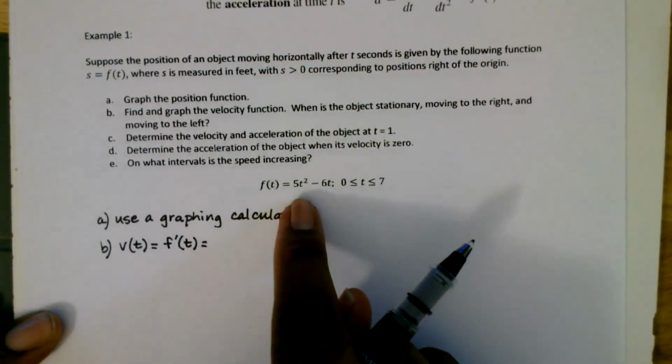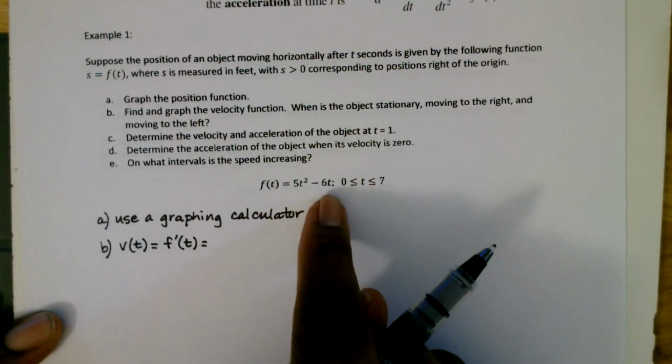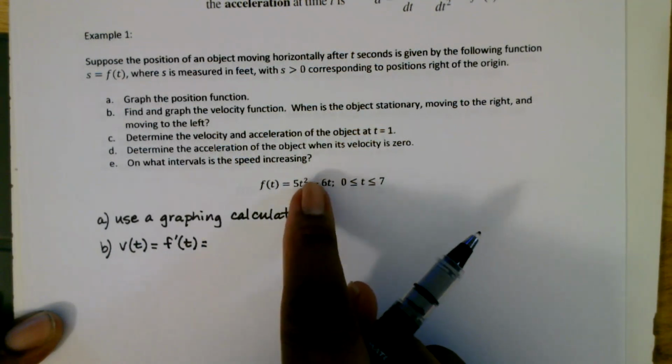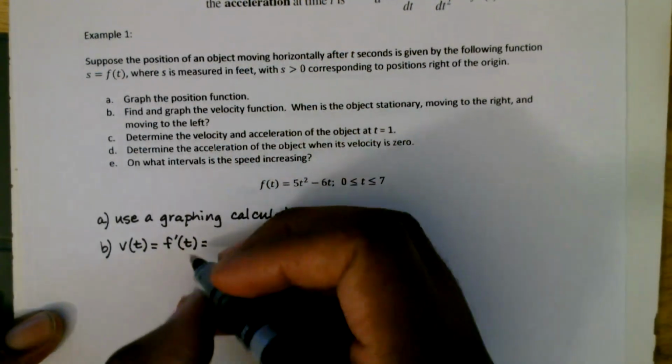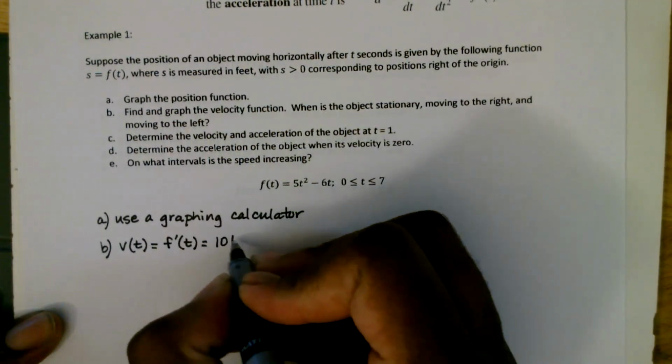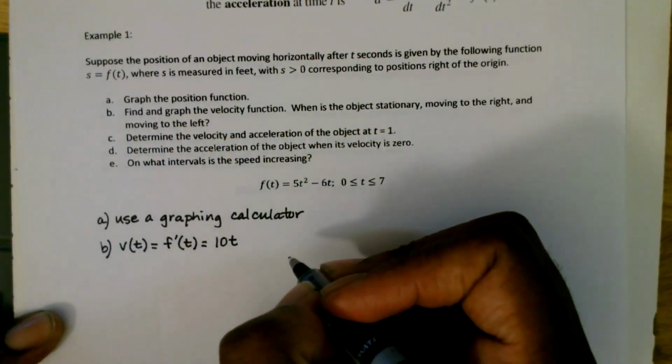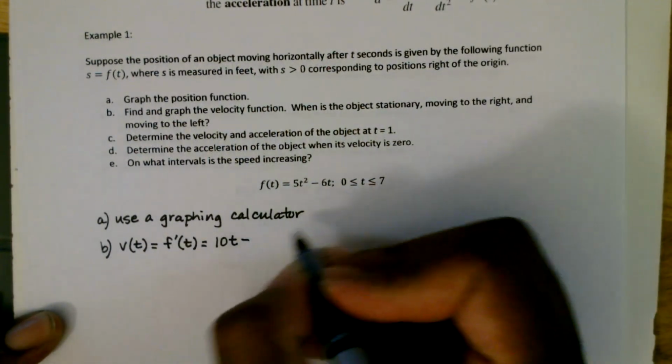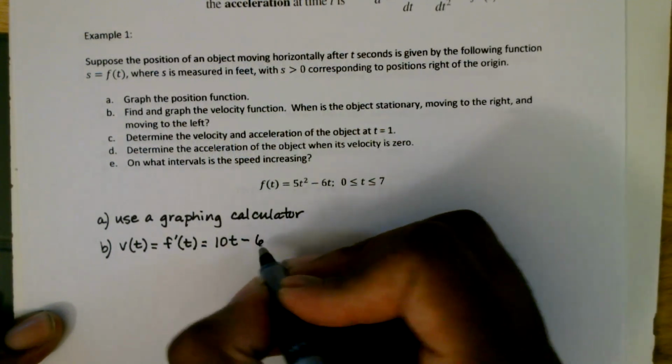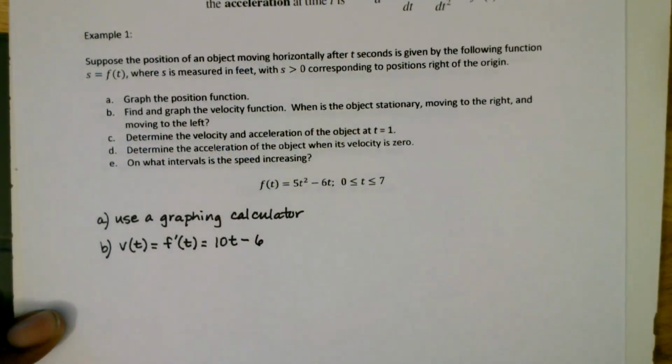So if f of t is 5t squared minus 6t, the derivative of that would be, we bring the 2 down, multiply by 5, you get 10, copy over the t to the one less power, minus 6t, its derivative will be 6. So that means the velocity function will be 10t minus 6.